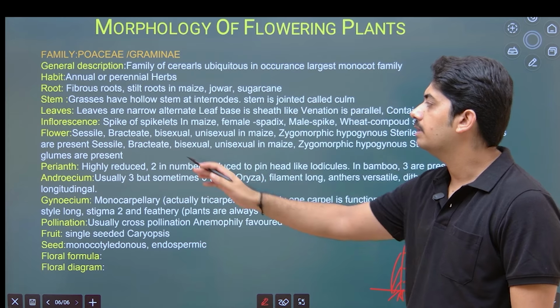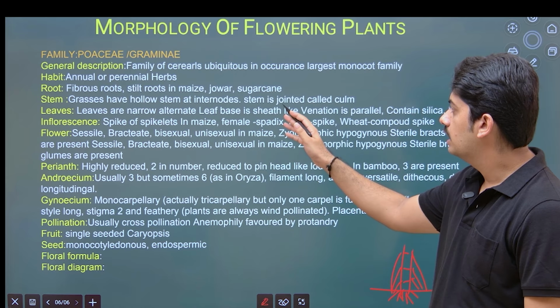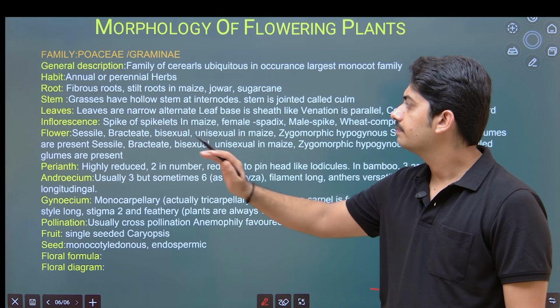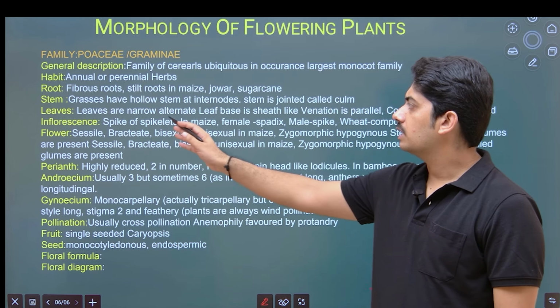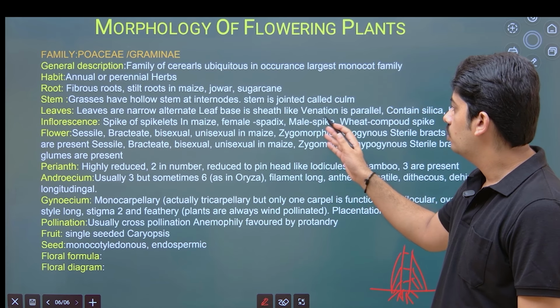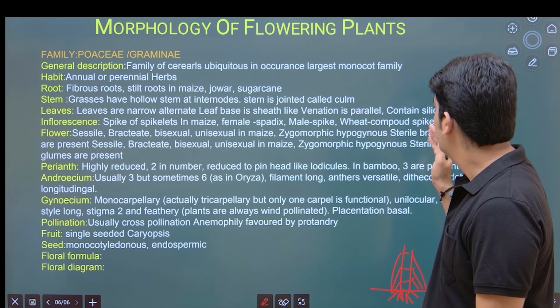These are the examples. Stem, grass have hollow stem at internodes. Stem is jointed, called culm. Then leaves are narrow with alternate leaf base. Then you observe sheathing leaf base. Then parallel venation.